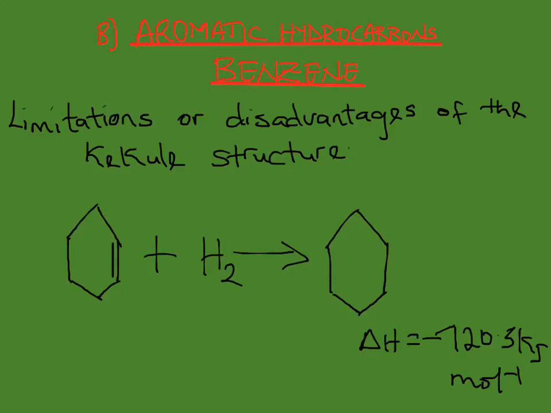If the Kekulé structure is true, then the enthalpy of hydrogenation of benzene should be 120.5 times 3, which will give us 361.5 kilojoules.